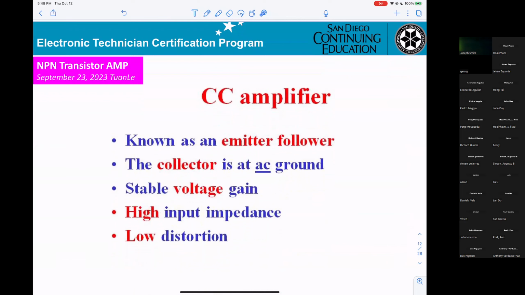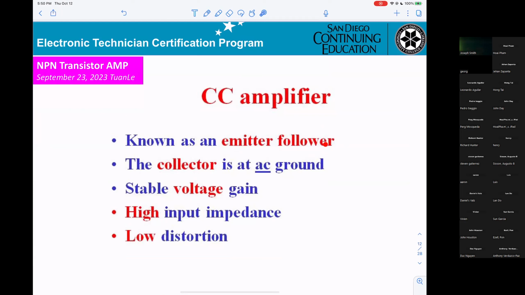Okay, now we will go to common collector. Okay, general. You can see that it is the same as what they call an emitter follower.